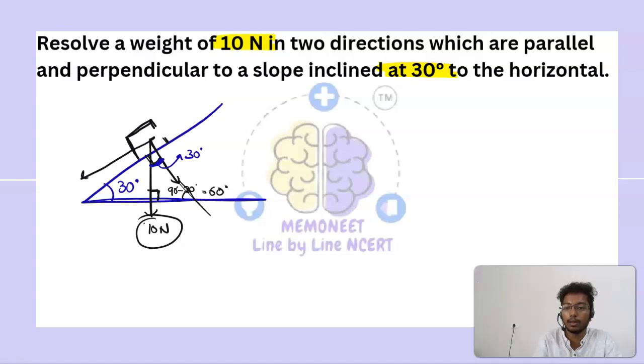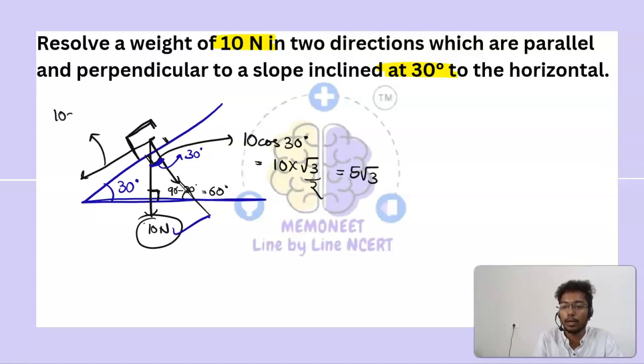So the force in the adjacent direction will be 10 cos 30 degree, that is 10 into root 3 upon 2, that is 5 root 3. And the other force is 10 sine 30 degree, that is 10 into 1 by 2, equal to 5.